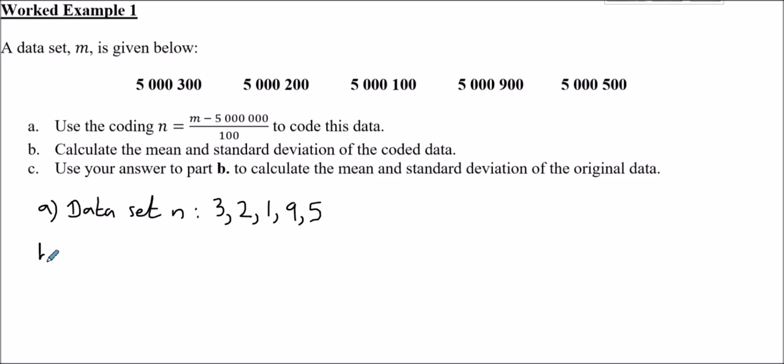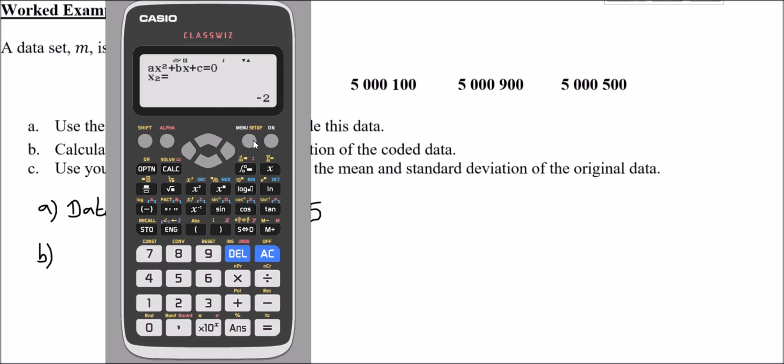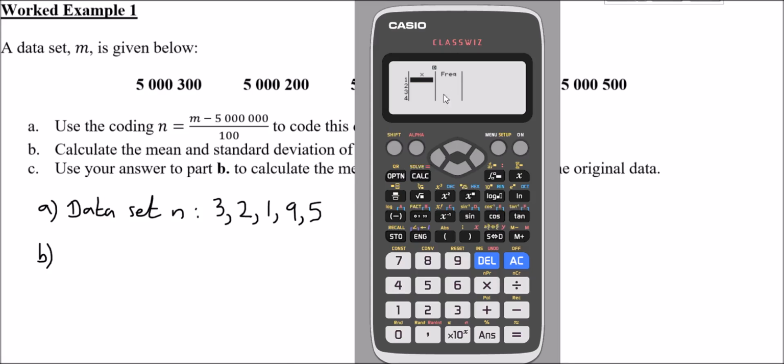So now, I'm going to calculate the mean and standard deviation of this coded data. I'm going to jump straight to the ClassWiz for this one. Let's press menu, go to 6 for statistics, 1 variable calculation, and we're good to go. Now, this frequency column, if that's freaking you out, you don't need to use it, of course, but you can make it disappear.